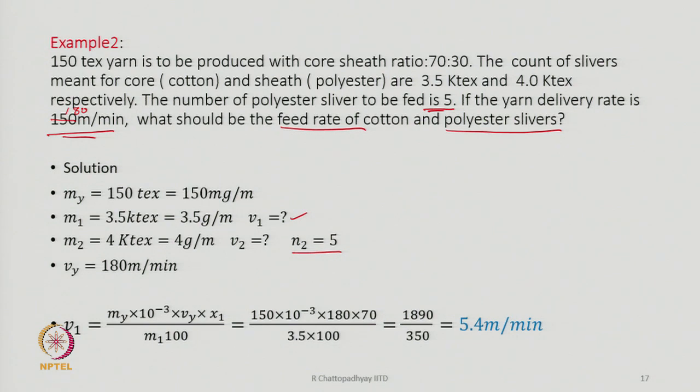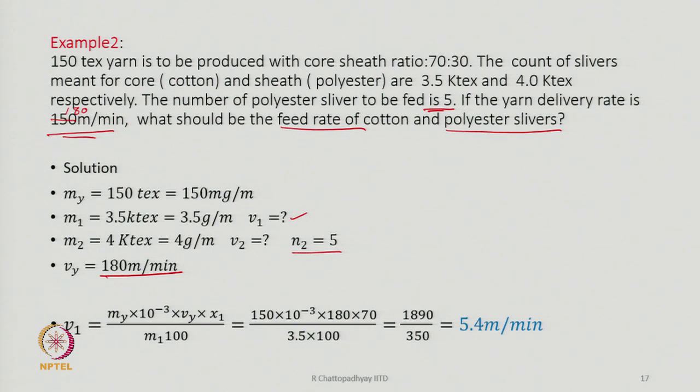There could be some typing error sometimes, so you have to understand the typing errors. So, Vy is 180 meters per minute, that means the delivery rate has to be 180 meters per minute.